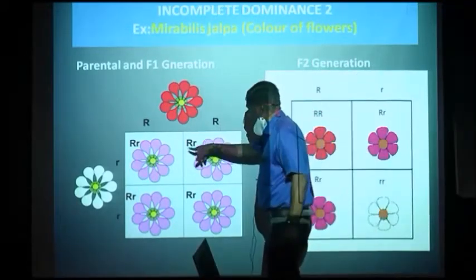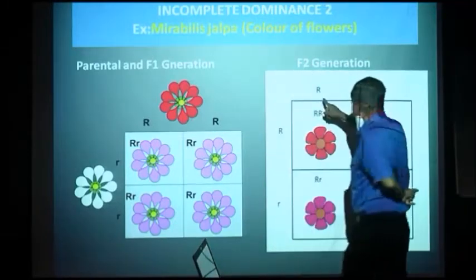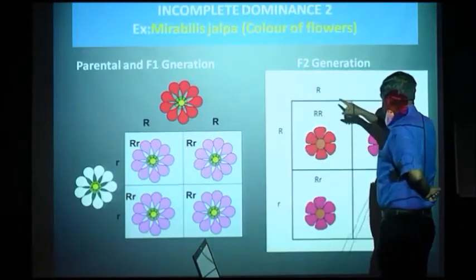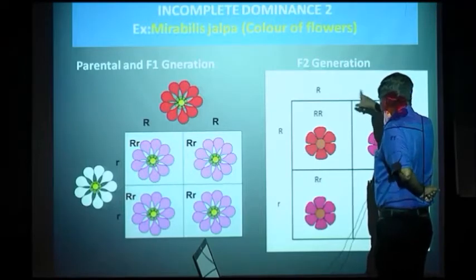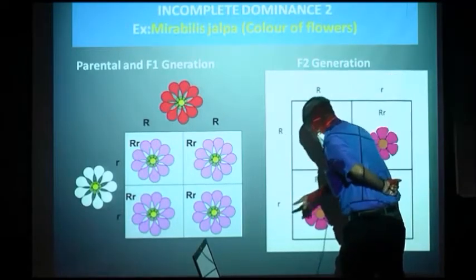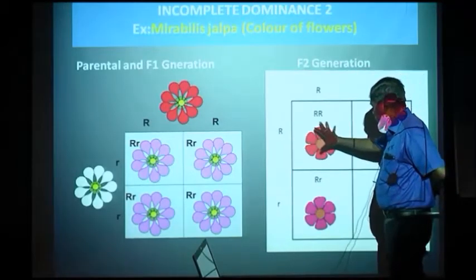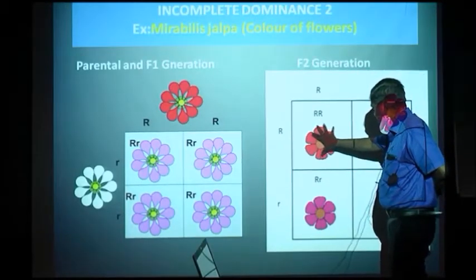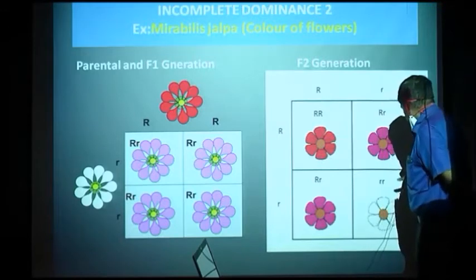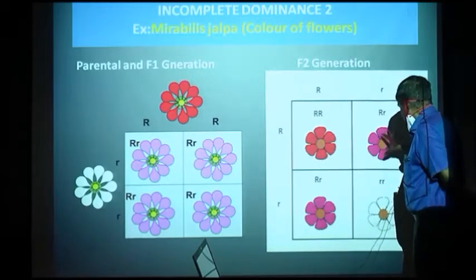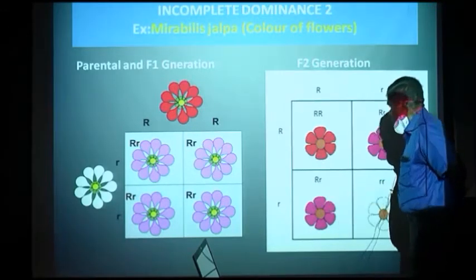In the F2 generation, when these plants are selfed, we get capital R, small r gamete male and capital R, small r gamete female. When they are combined, we get one capital R, one small r, and two capital R small r.